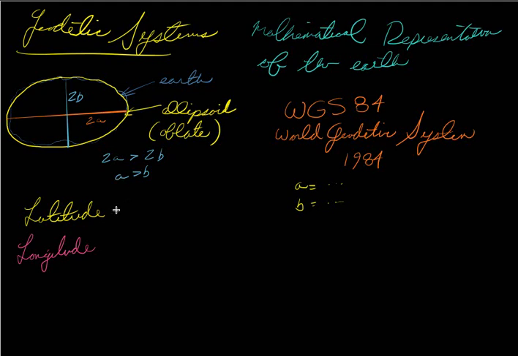All right, latitude is usually represented as phi, and longitude is represented as lambda. Lambda is that, kind of.